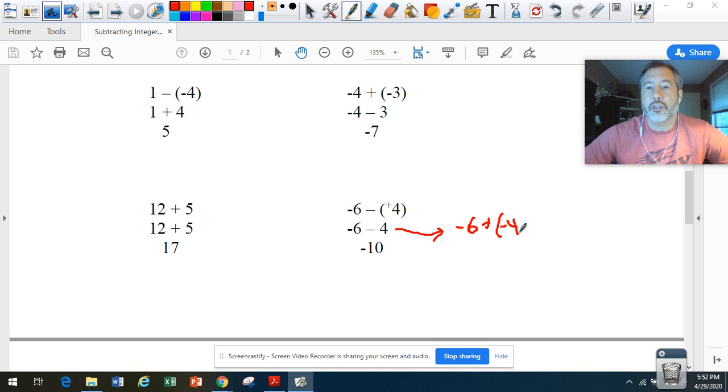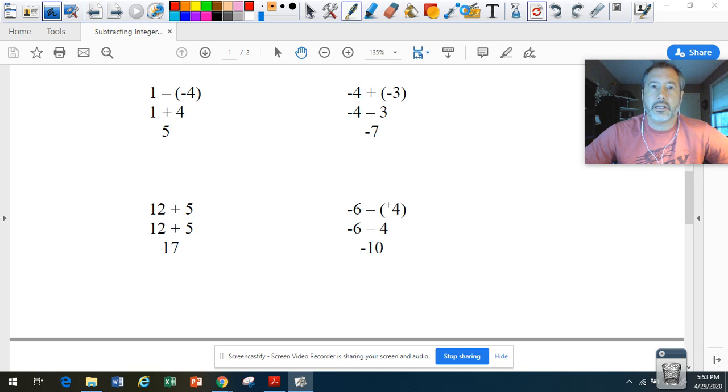The reason why I put the parentheses in there is just so you don't lose it, and also it separates the plus and the negative. So negative 6 plus negative 4 is the same as both of these, so you can use your addition rules. Same signs, add them together, keep the sign. 6 plus 4 is 10. Keep the sign because they're both negative.